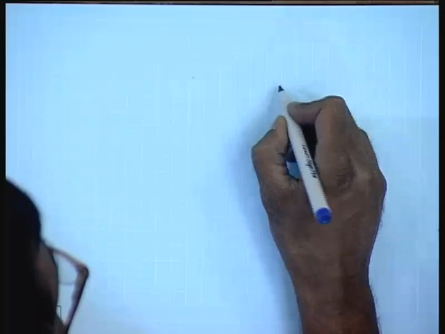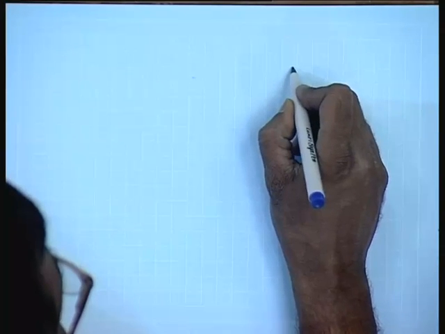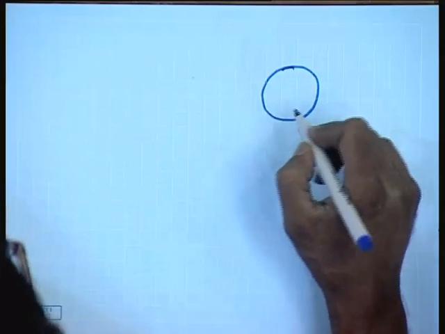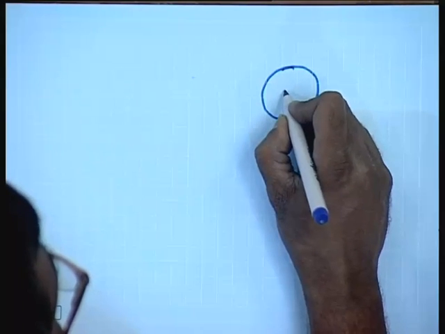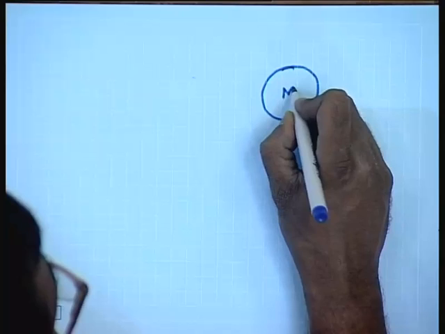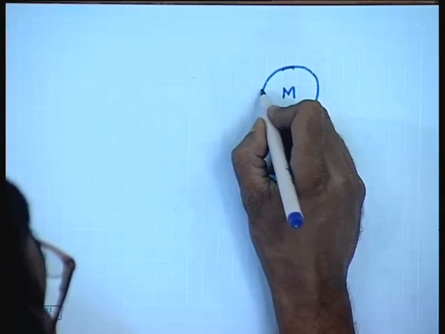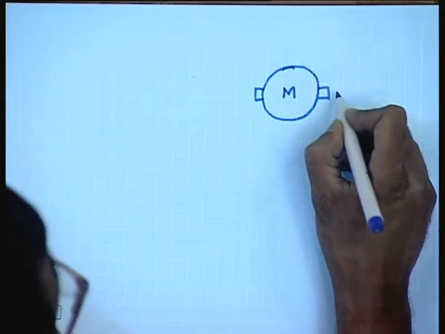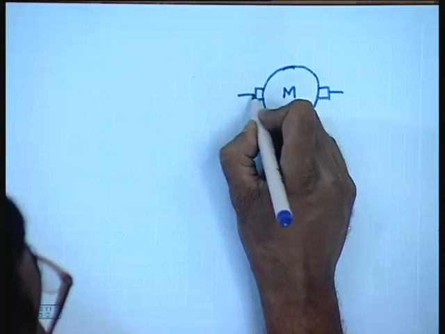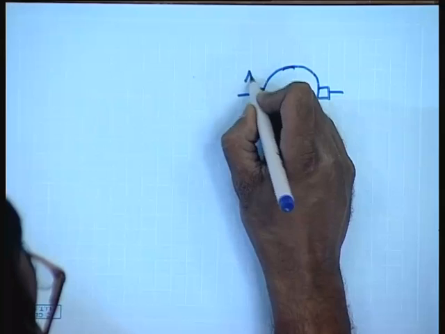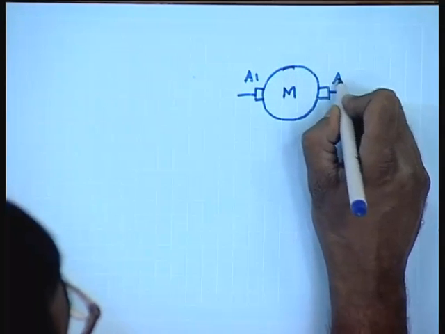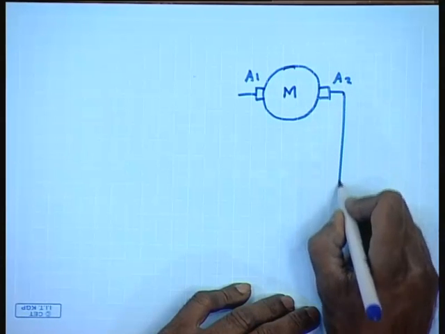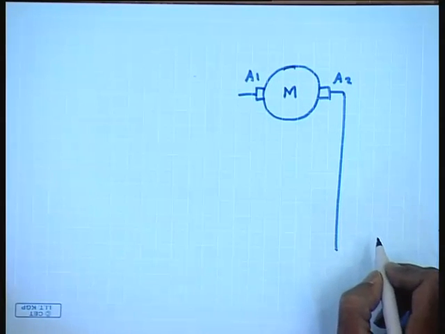Let us say this is the DC motor to be started. So, this is one of the armature terminals.